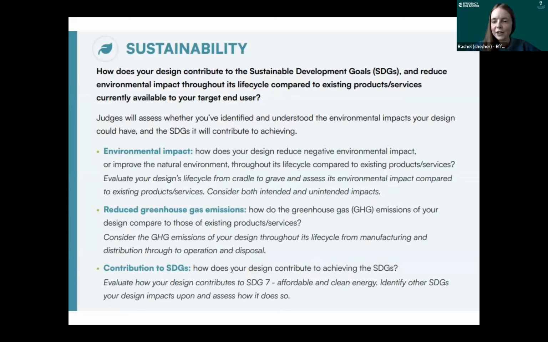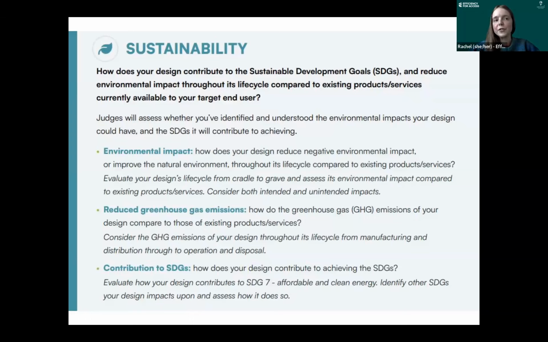So you can see they're very closely tied to those two criteria, but they also can spread right across the rest of the criteria. And I think that's something that's really important to think about as you're working through your designs and addressing these. So for example, if you're reducing greenhouse gas emissions and environmental impact, you're going to be addressing some of the Sustainable Development Goals.